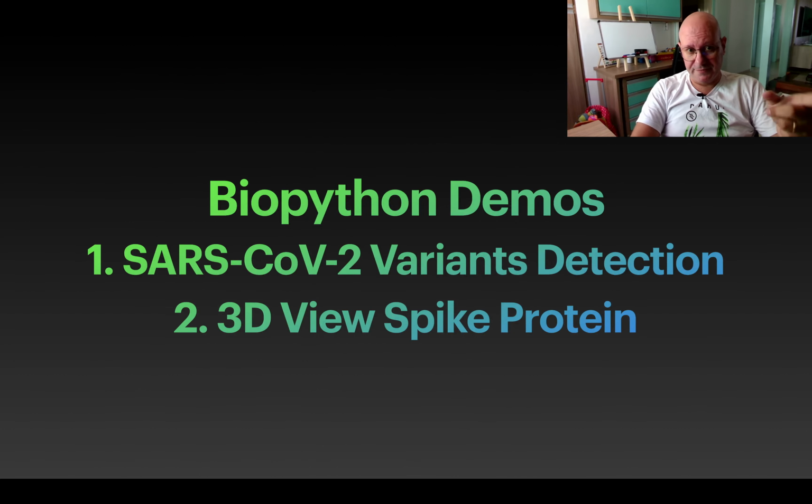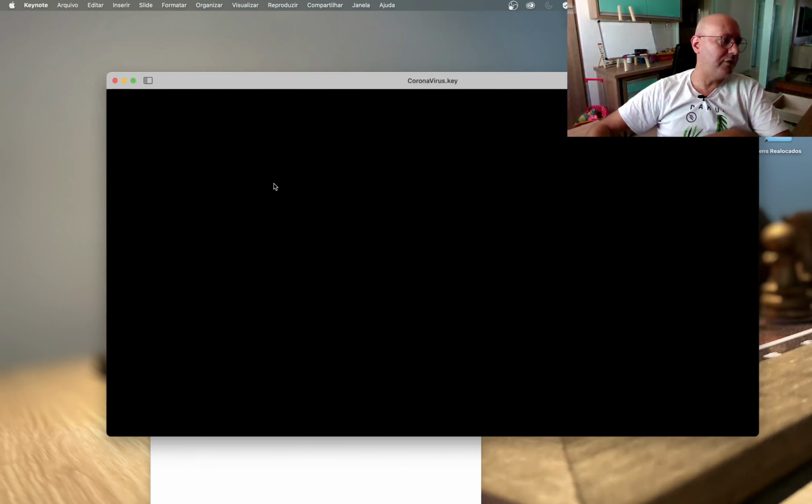Okay, so here we go. I will just show you the first demo, which is the Python. I have a code in Python with Biopython, which is very efficient to test the proteins, comparing the test I have with the Wuhan one. As I said, you need to compare to the original one. Here we go.